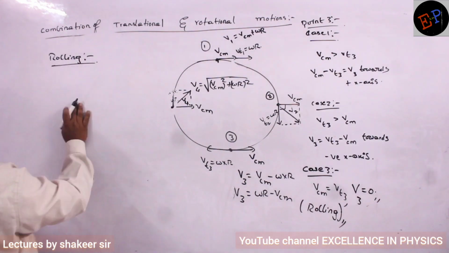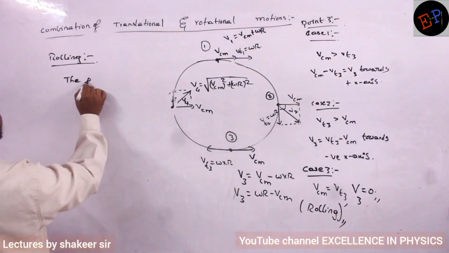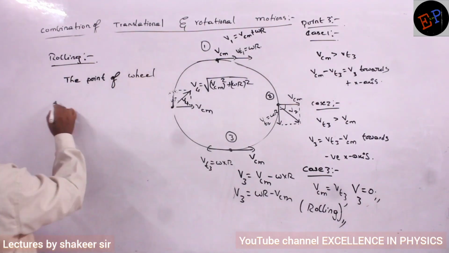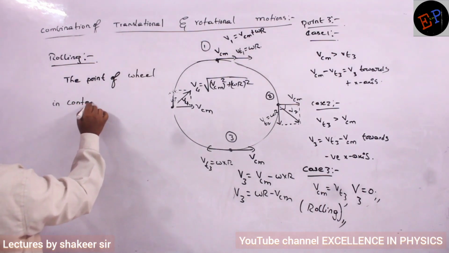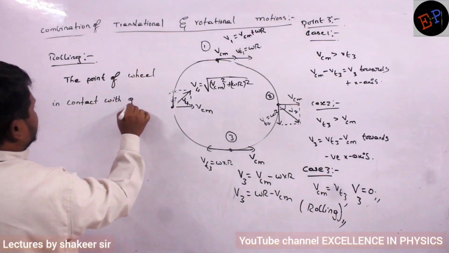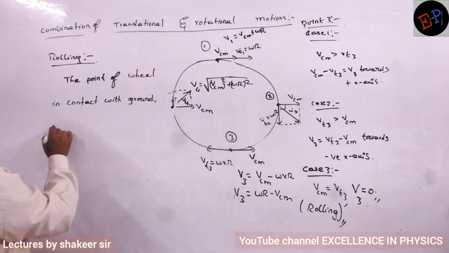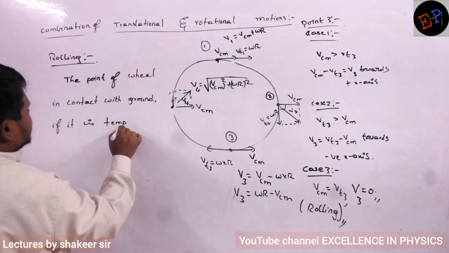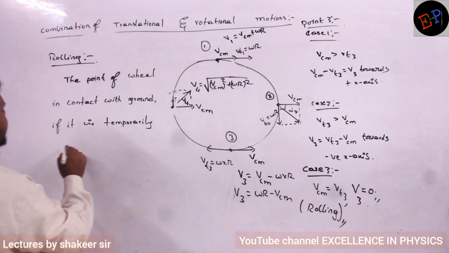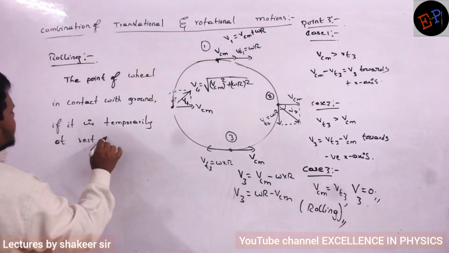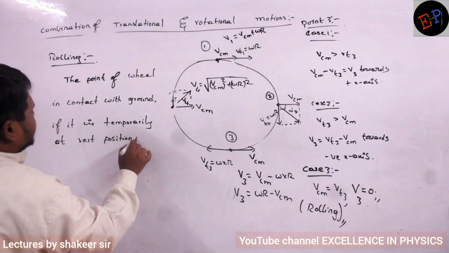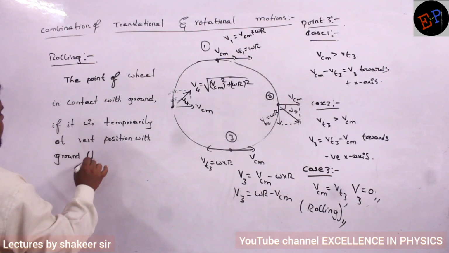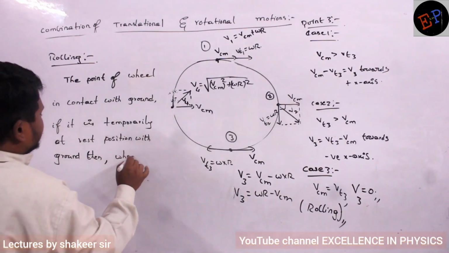So what is meant by rolling? The point of the wheel in contact with the ground, if it is temporarily at rest position with the ground, then the wheel is said to be rolling.